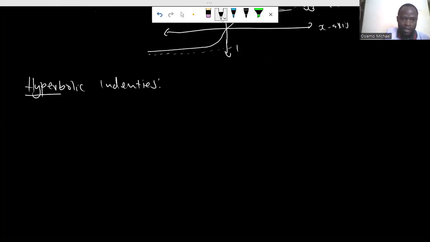For the hyperbolic identities, we shall see that there is a cross merging between how we prove the trigonometric identities and how you prove the hyperbolic identities.